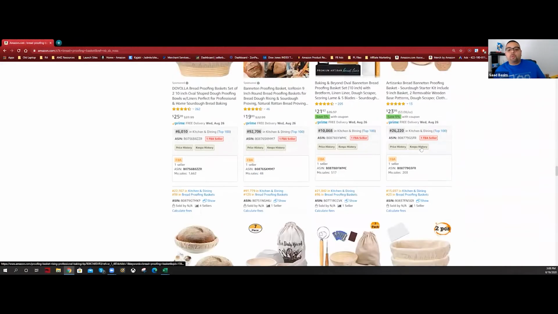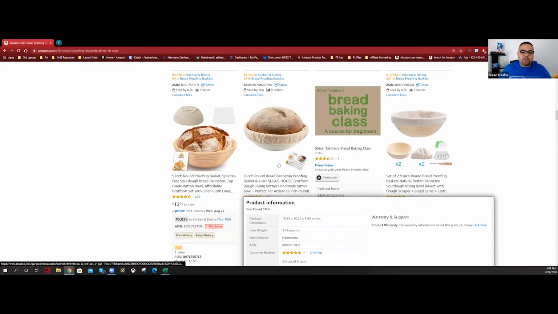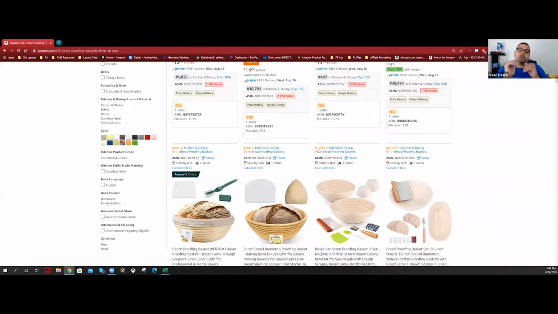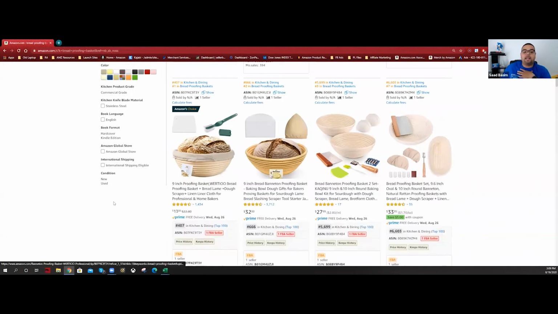Now, usually we know the top of the first page is where the most sales are happening. So basically the top 10, 15 positions are where the sales are coming from. But since we would like to see what the competitors are ranking for in the top 30, I'll be able to say, hey, listen, if this guy is making, let's say, 1,000 sales per month, how is he generating those sales?